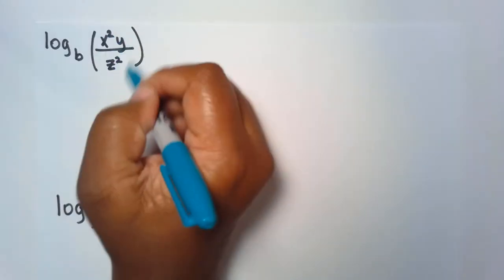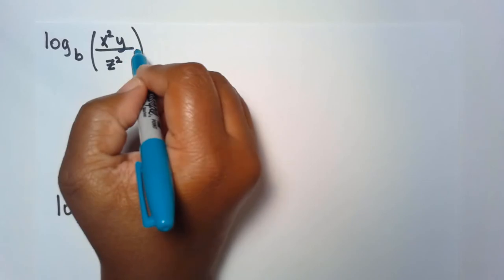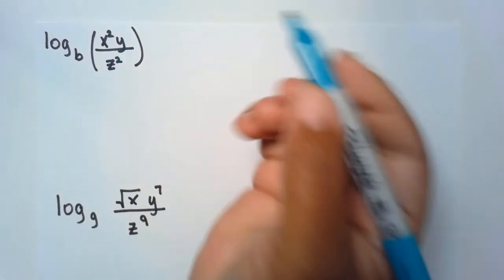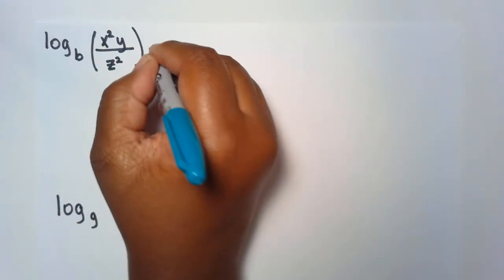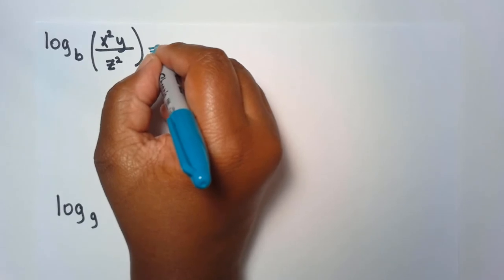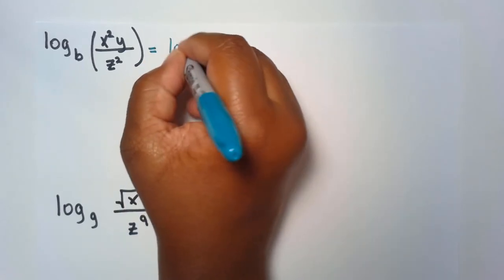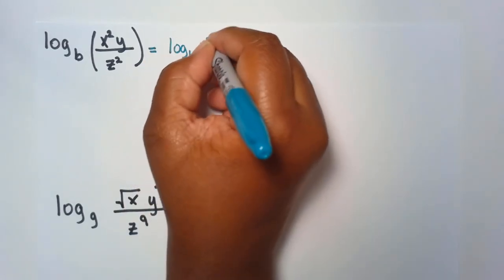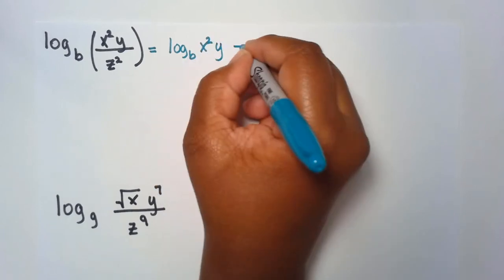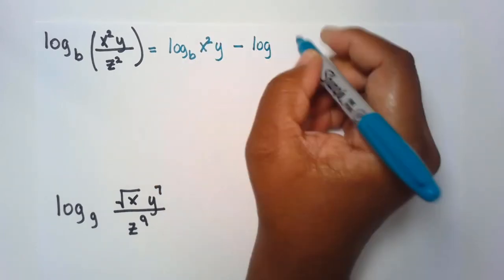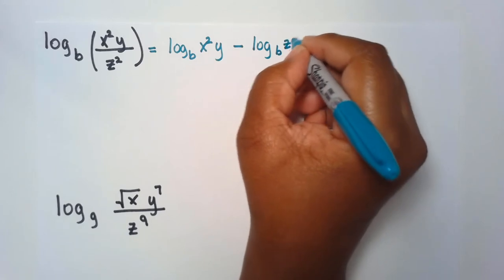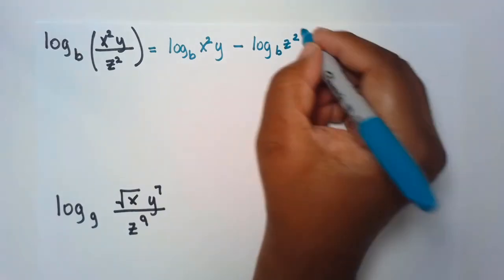We're going to use all 3 rules. We have a product, we have a quotient, we have a power. So what is first? We're going to apply the quotient rule. We have log base b of x squared y minus log base b of z squared.